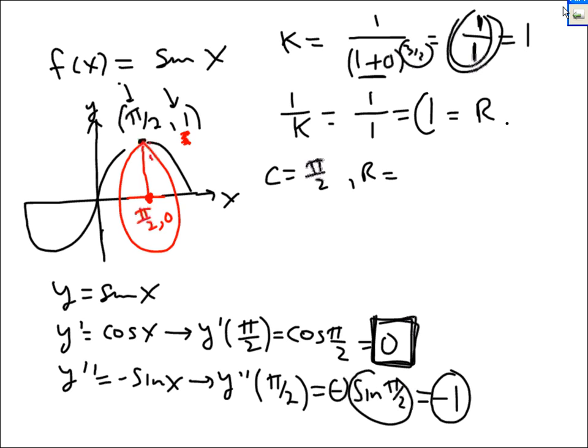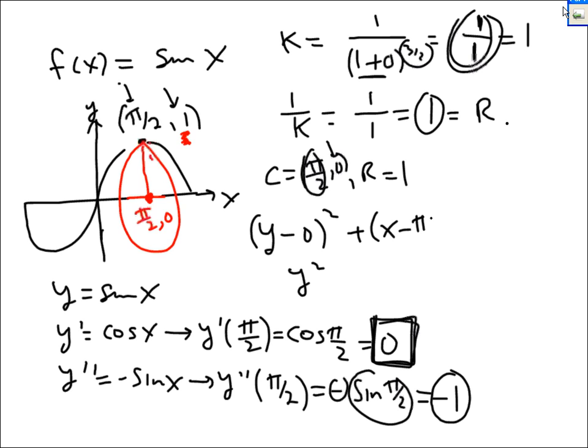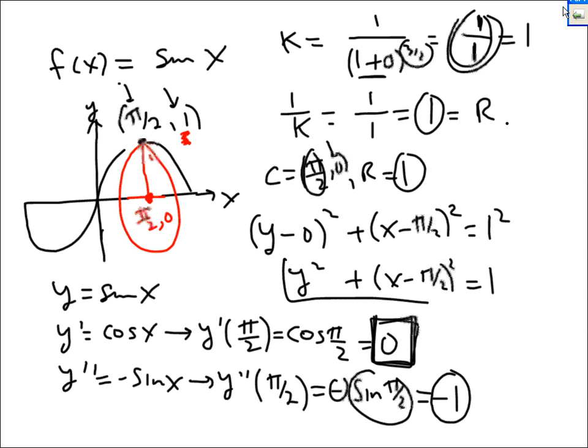The radius is 1, so I can write the equation: y minus 0, all squared, which is just y squared, plus x minus pi over 2 squared, is equal to the radius squared, which is 1. And there is our equation of the circle of curvature to that graph.